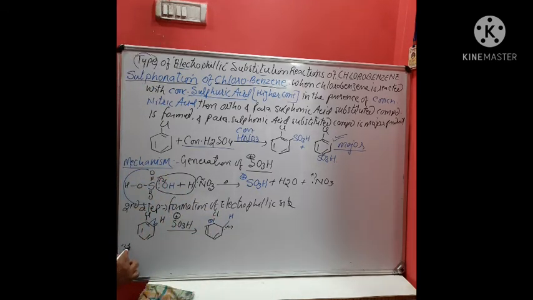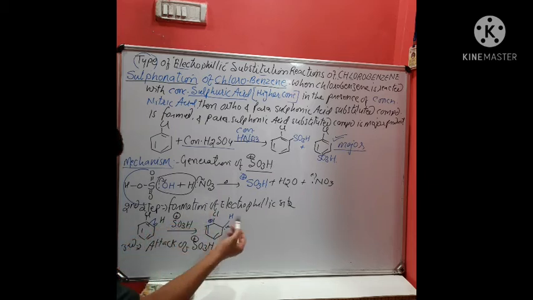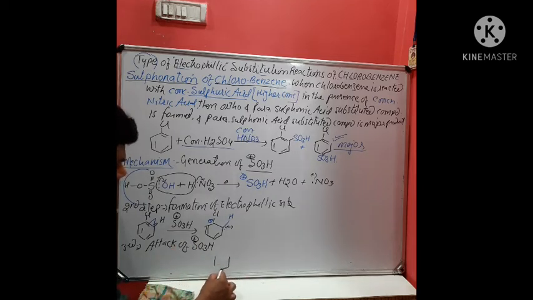And in the third step, attack of SO3H, that is sulfonic acid, isn't it? So how is it on this species? So now this is the benzene ring. Okay, there is a plus charge, and Cl is there.